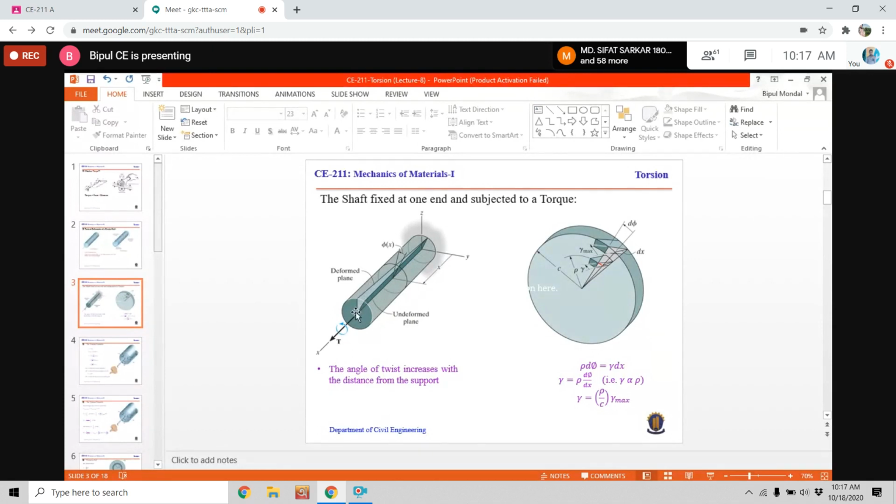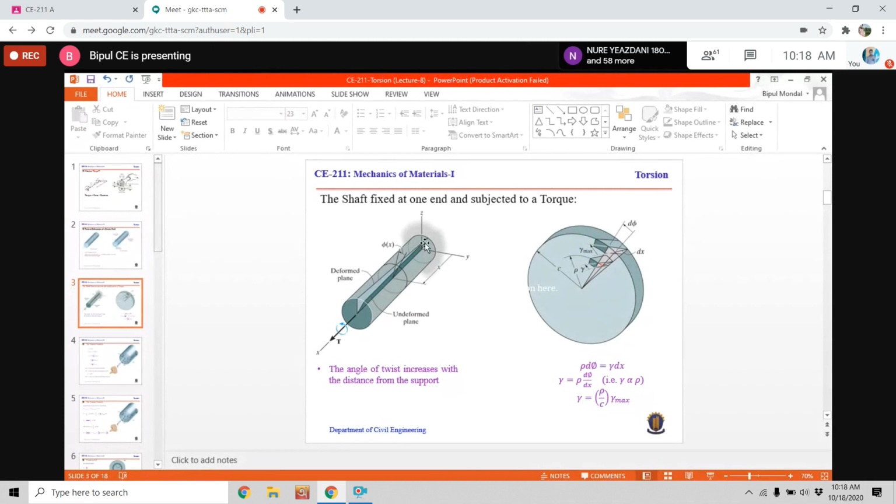Okay, so if we again carefully observe the figure, then we will see the original plane and the final plane, or we can say the undeformed plane and the deformed plane, creates an angle here, right? And this angle is known as angle of twist, or angle of rotation.